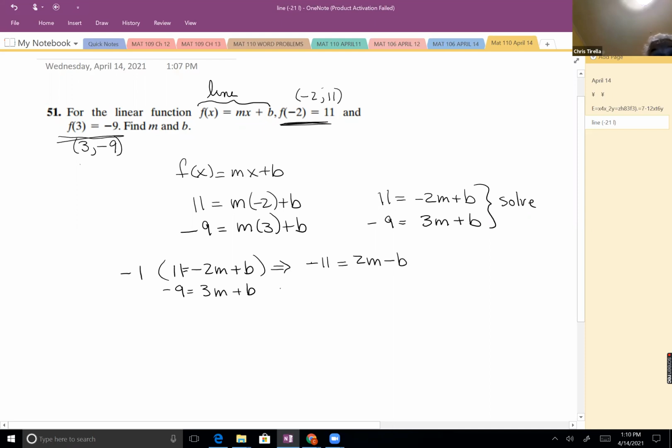The second equation I'm going to leave alone: -9 equals 3m plus b. When I add the equations, I get -20 equals 5m. And so dividing, I get m is -4.